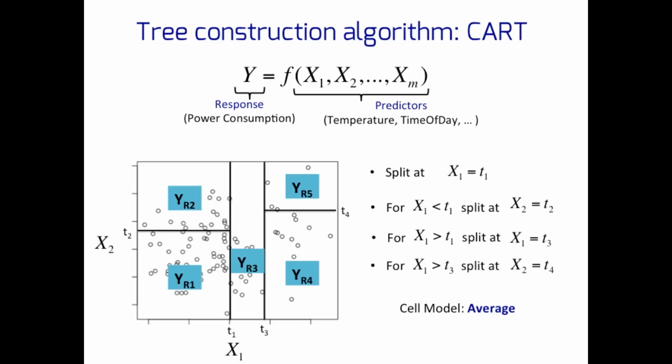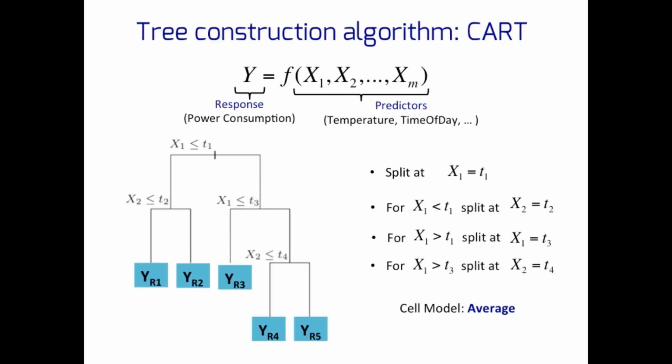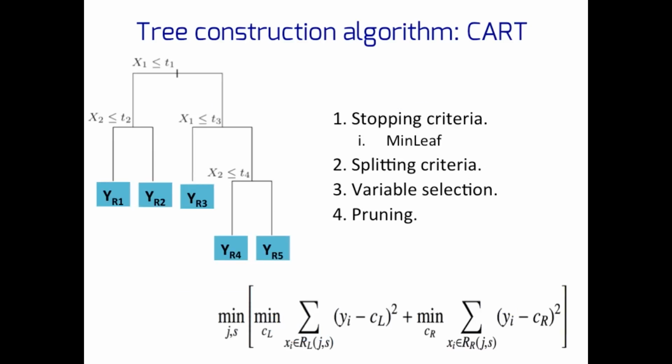But you can see how this set of rules, or the sequence of these splits, can also be represented in the form of a tree, in which each of these rules corresponds to a node of the tree, and down at the leaves, you have the predicted average response. So CART also specifies the questions that you might be thinking: how do we figure out which variables to split on at which levels, and what is the value of T1, T2, and T3.